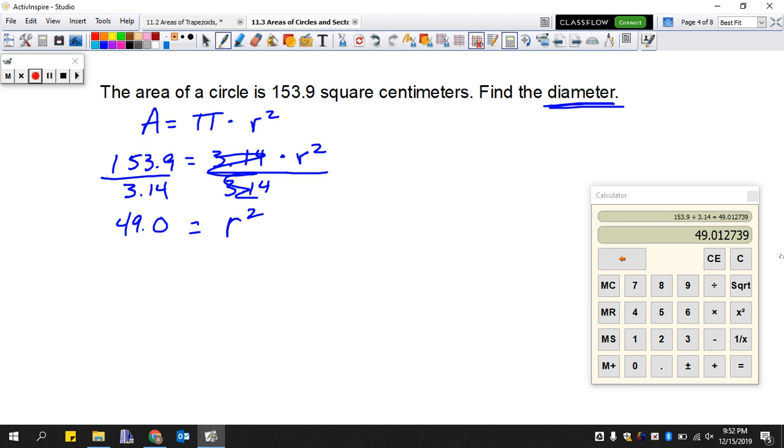We're just approximating, coming to a close approximation here. Then we take the square root of both sides. The radius we find is going to be 7. If the radius is 7, the diameter is twice that, so 2 times 7 is equal to the diameter, which is 14. So the diameter is 14 in this case.